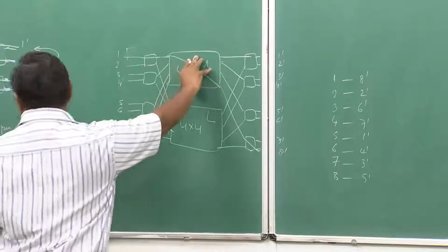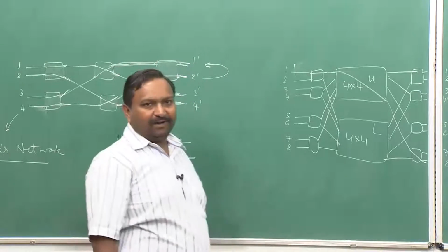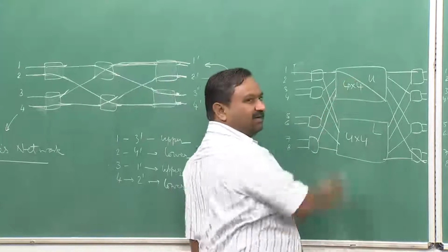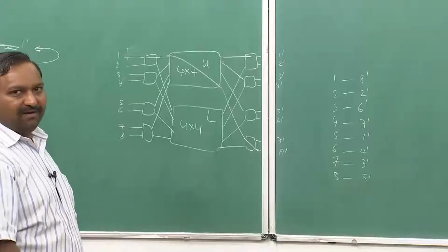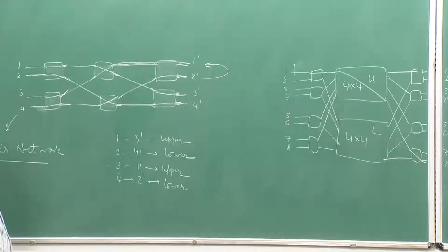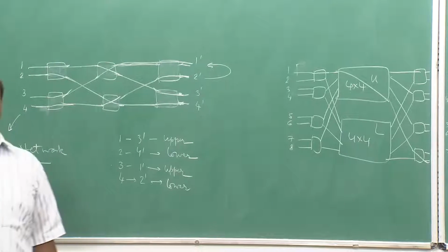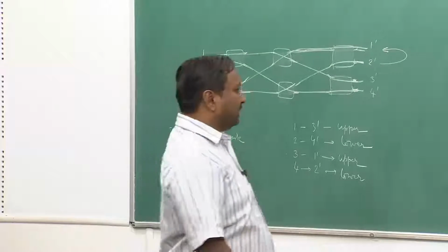Internally this 4 by 4 can be built using this technique, and I can use the looping algorithm here which I had used within this switch block, and I can set up all kinds of maps. Every possible map can be done, but remember this is not a strictly non-blocking switch. The mapping from inputs to outputs will only be possible in certain states. In certain states it can become blocking. I have shown with an example in the beginning.